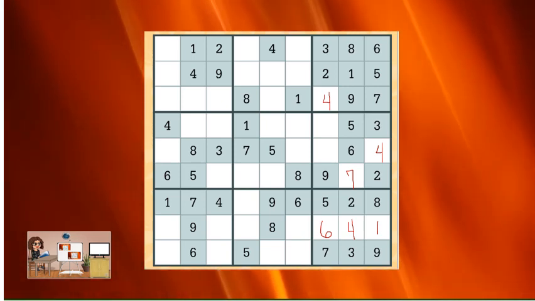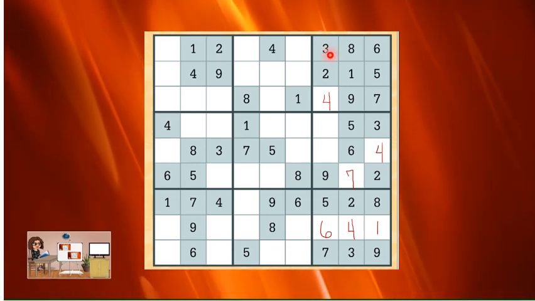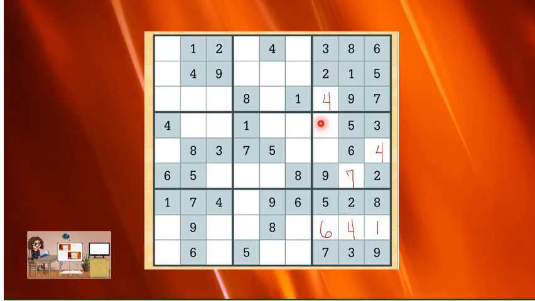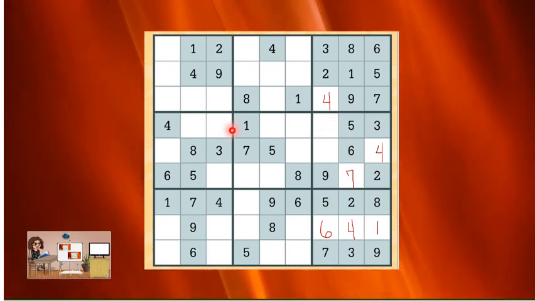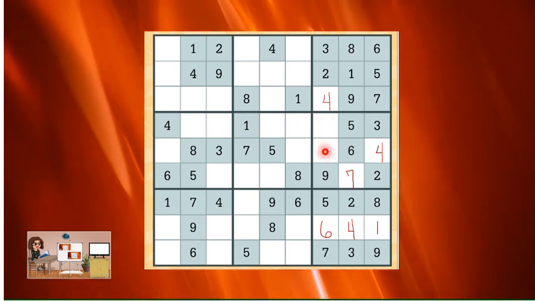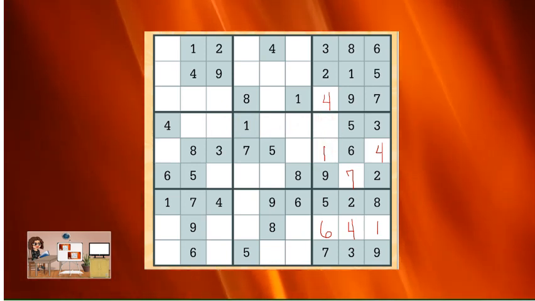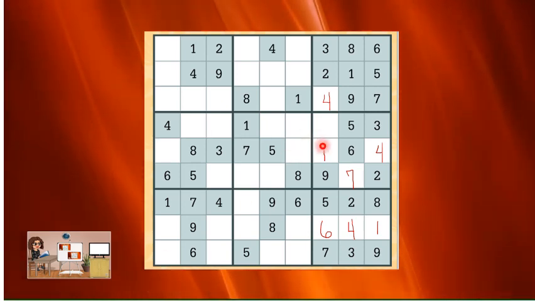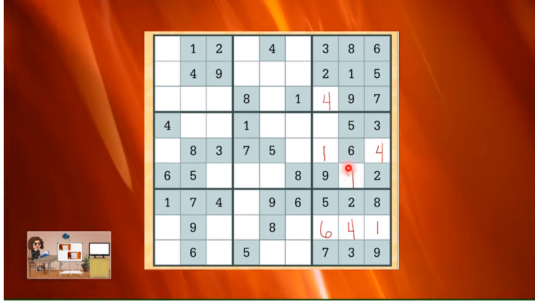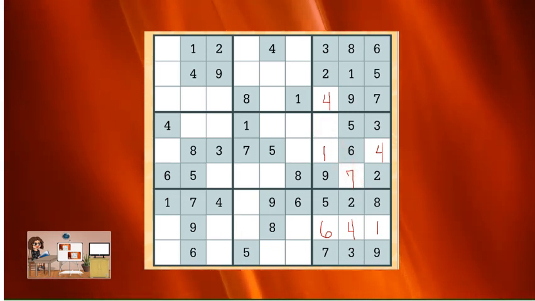How about in this column? So 1 is missing, but 1 cannot be written here because of this number 1. So therefore, we write 1 here. So if this is 1, 2, 3, 4, 5, 6, 7, 8 is missing, so we write 8 here.